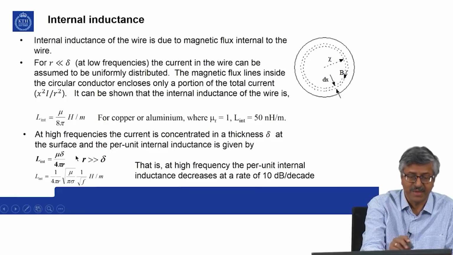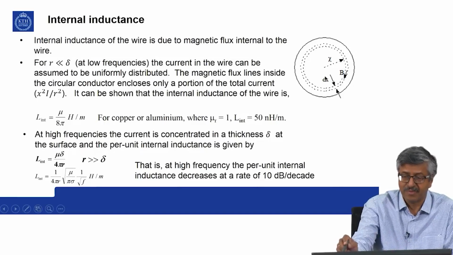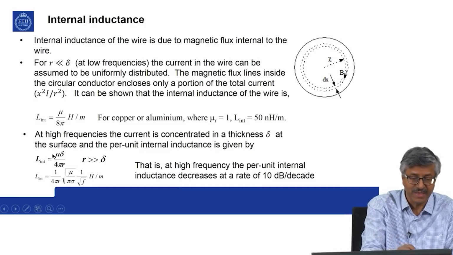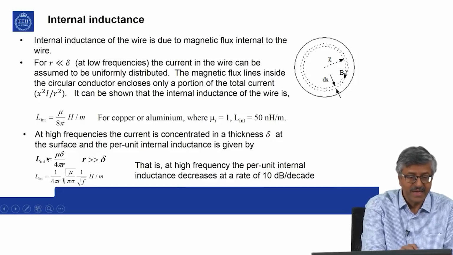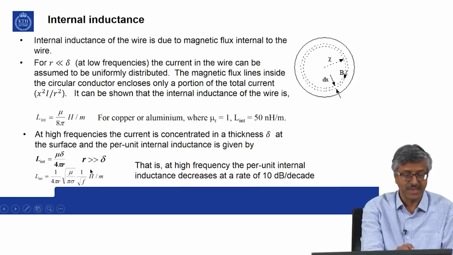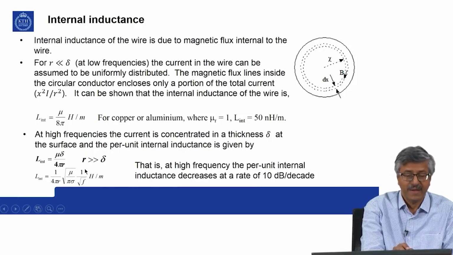This also you can set up from this figure, and integrating with appropriate limits you will get this value for r far greater than delta. So, explicitly writing out delta, you see that it is reducing in proportion to the root of frequency.